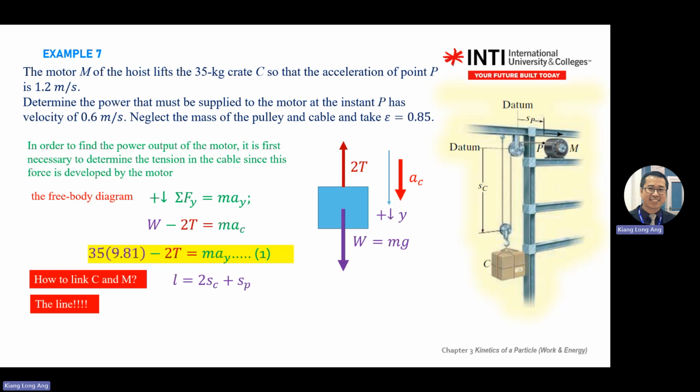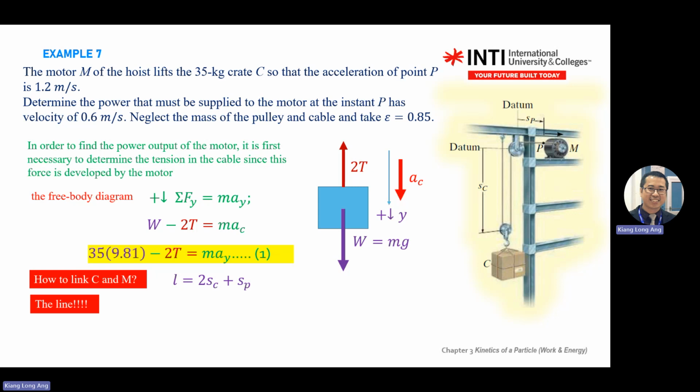Total length. Then the next step, after you find total length, you differentiate with time to find velocity. So does the total length of the rope change? No, right? So when you differentiate this equation with respect to time, you get 0 on the left.